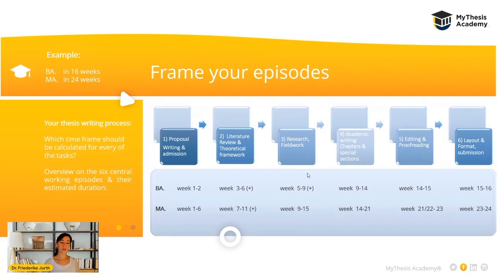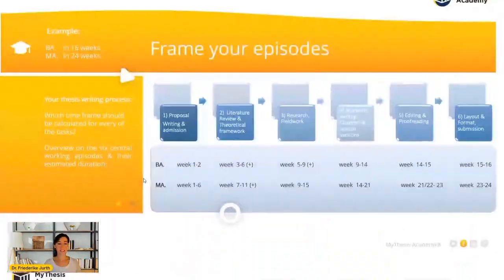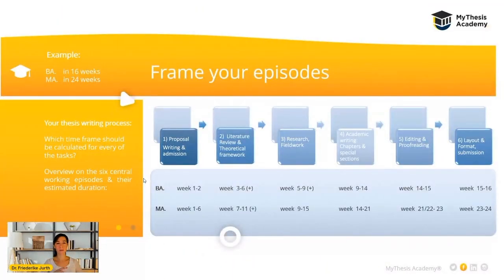So from the 1st to the 2nd week, you have the question of the proposal writing and the process of developing your draft, the admission, and all this which involves the conception.